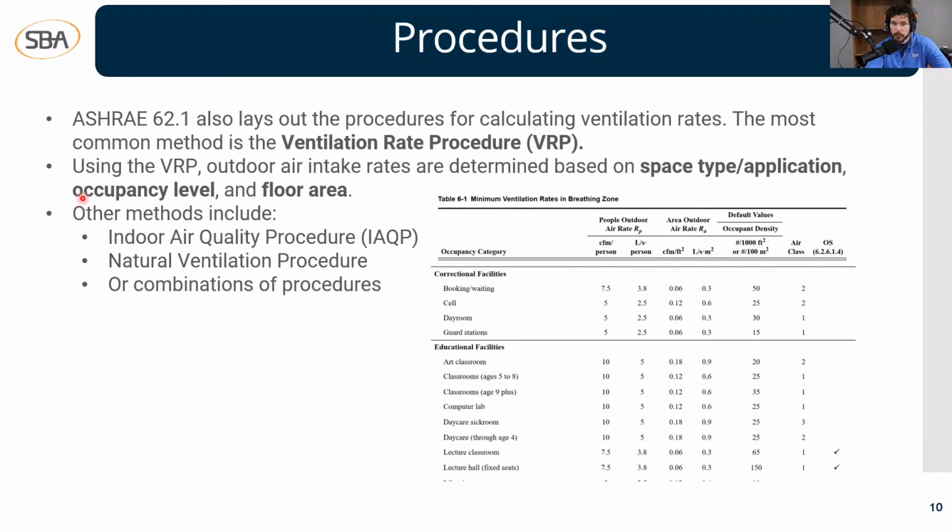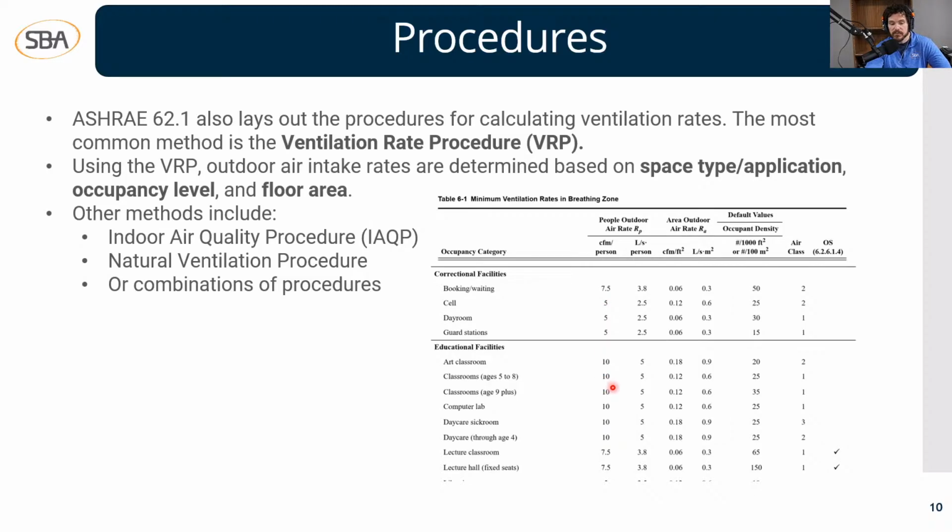And boom, with those 3 numbers, the standard will tell us the minimum CFM per person and also per square foot. So for example, we might have an art classroom that might require 10 CFM per person or 0.18 CFM per square foot. Multiply that out, and you will get the number of required outdoor air intake.